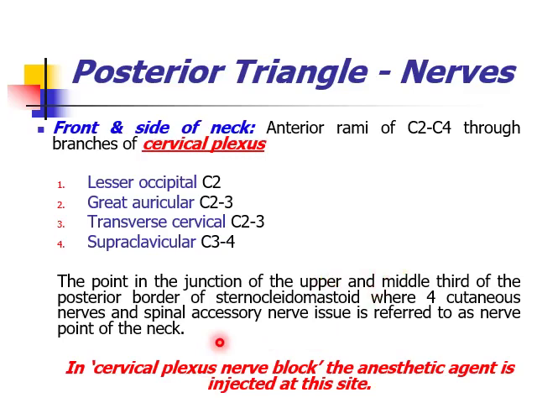If someone is having severe pain or a surgical procedure that has to be done through this area, this is the optimum point for injecting local anesthetic that controls all the content of the triangle, the muscular component through the spinal accessory nerve and the cutaneous component through the branches of the cervical plexus.